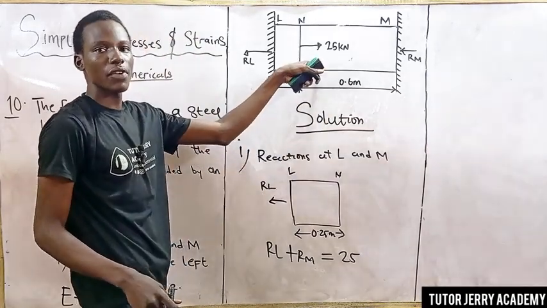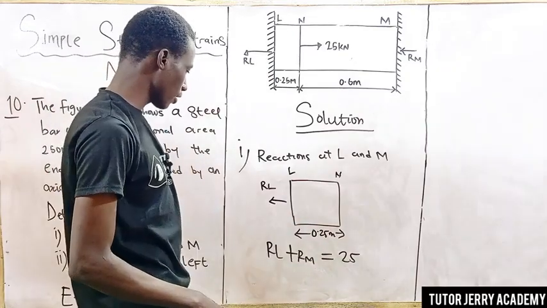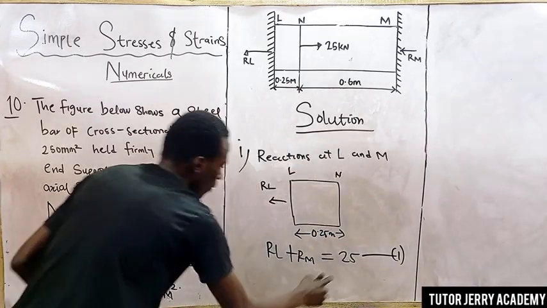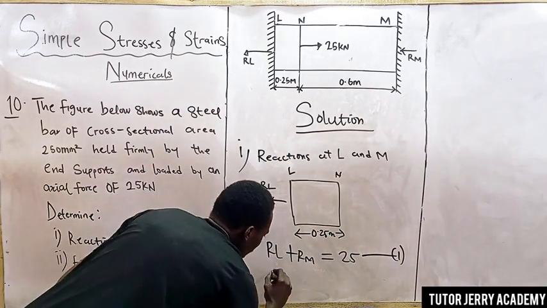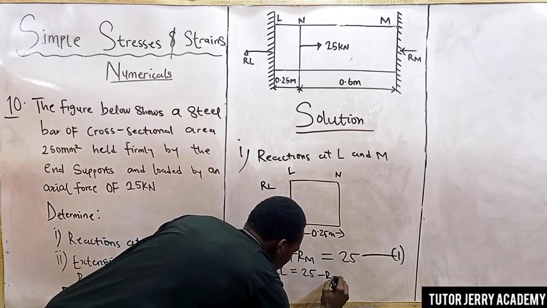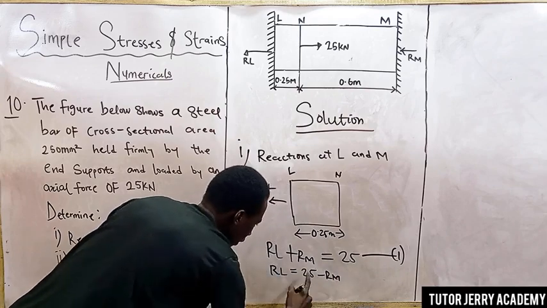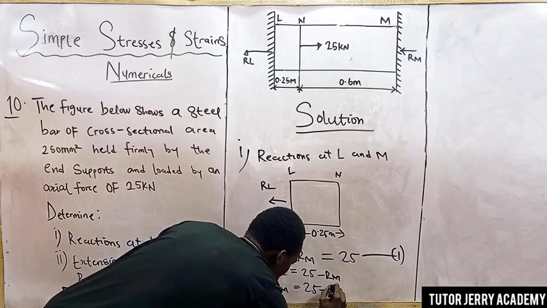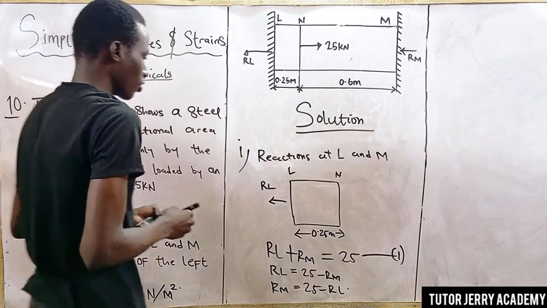But we are having just 25 to the right, so it's equal to 25 kilonewton. So from here, if I call this equation 1, I can make RL the subject. RL will be equal to 25 minus RM. Also from equation 1, I can make RM the subject. RM will be equal to 25 minus RL. So this is what I have.